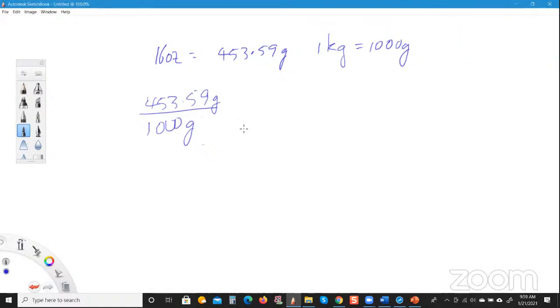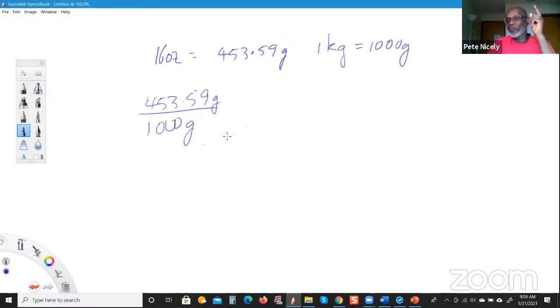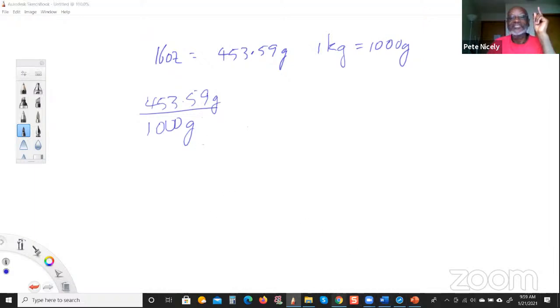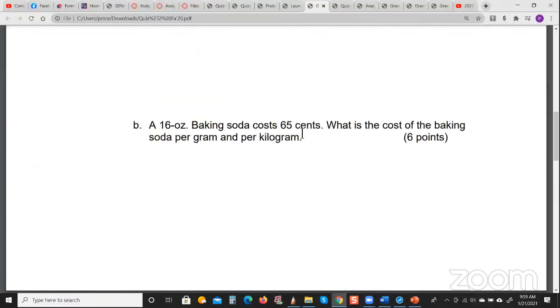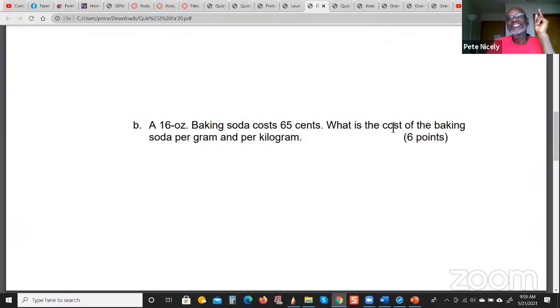Because it's asking you to find how many kilograms and grams. Be careful what the question is asking for. Let me go back to the question. What the question is asking for is what is the cost of the baking soda per gram and per kilogram. So it's asking for the cost per gram and per kilogram.